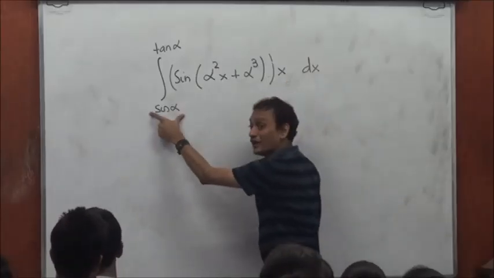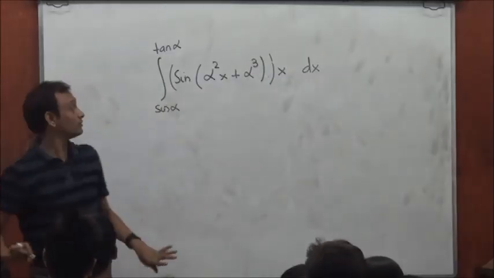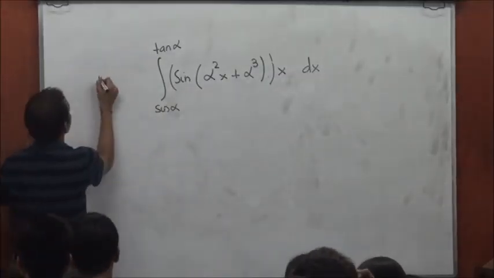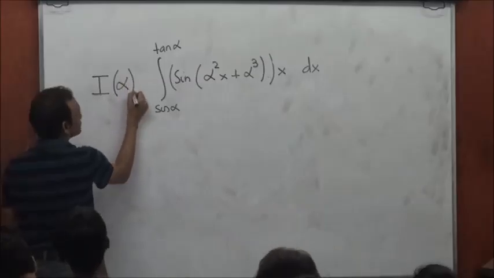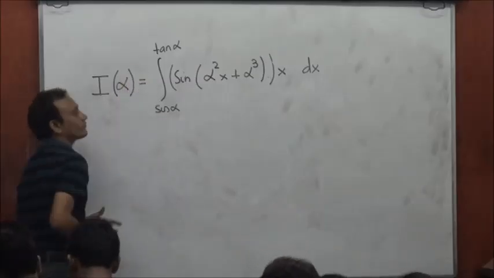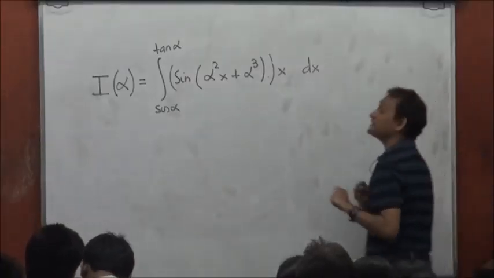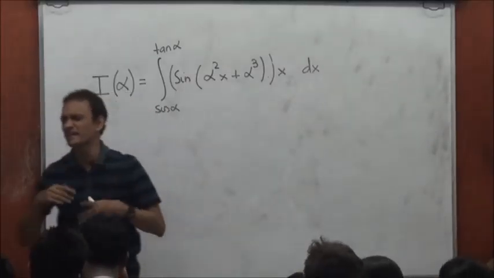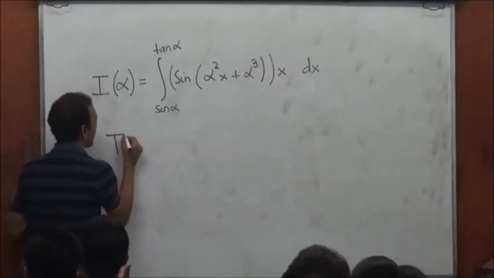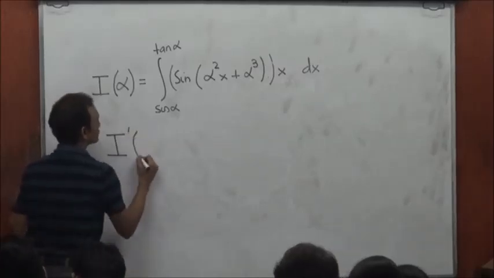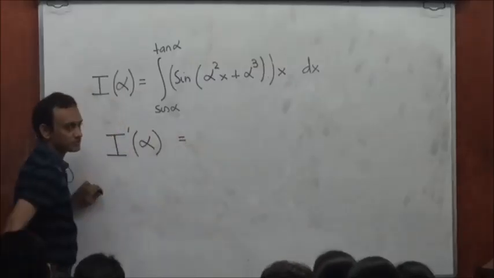The lower limit a of alpha is sine alpha and b of alpha is tan alpha. You want to differentiate this with respect to alpha. Let me call this I alpha. Like I said, there will be three terms in it. Be very clear about it. When I differentiate I with respect to alpha, I dash alpha will have three terms in it.